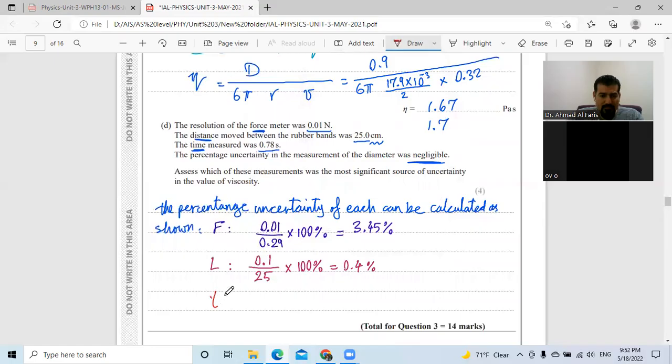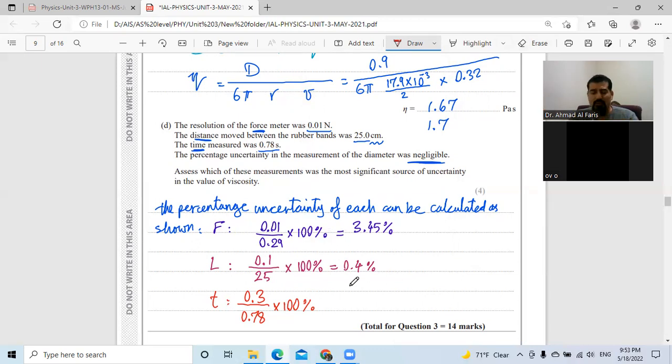Let's say the reaction time is 0.3, divided by the time, which is 0.78, times 100%. The reaction time is usually between 0.2 to 0.7 seconds, okay? It doesn't matter. I want to show them that it will have a high value.